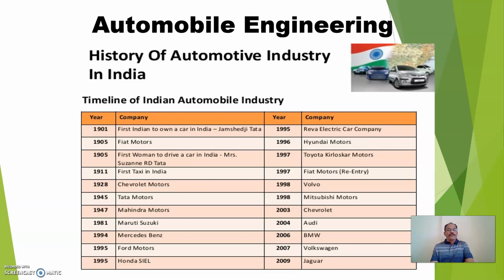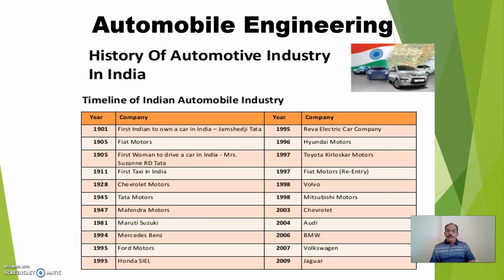From 1945, Tata started Tata Motors, and from then onwards, the real Indian market, or we can say our own Indian market, entered the automobile sector. In this total scenario, in 2009, Jaguar was taken over by Tata Motors.